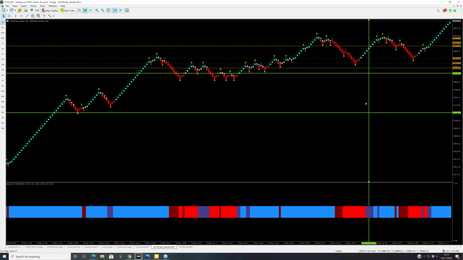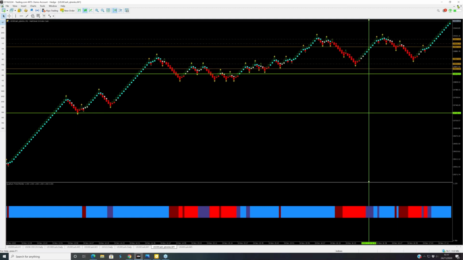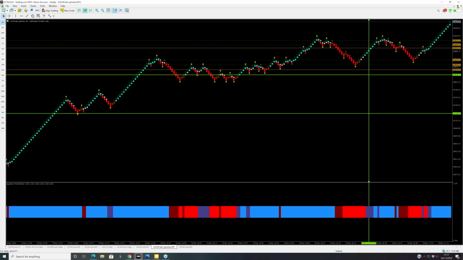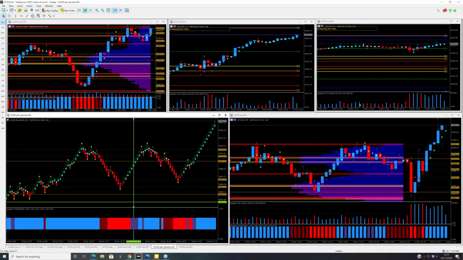I've simply put this line here to tell me when it was the open, so I've got a feel for what has happened on the Renko chart, because I haven't got any other period separator on this particular chart. But I'm also acutely aware that it is now reaching this key 30,000. Where are we? 29,965 now?